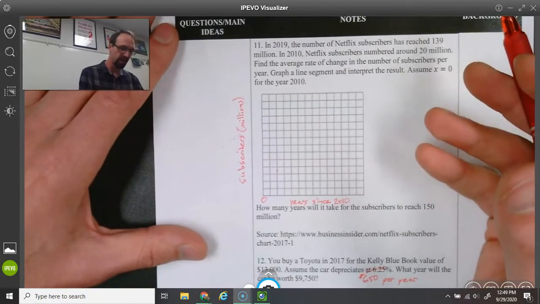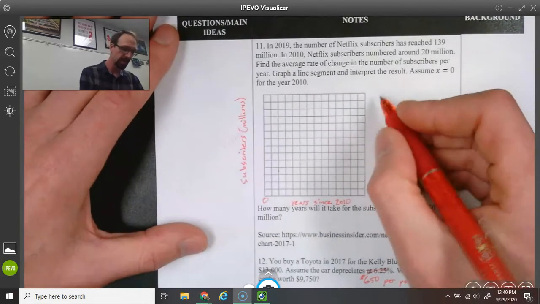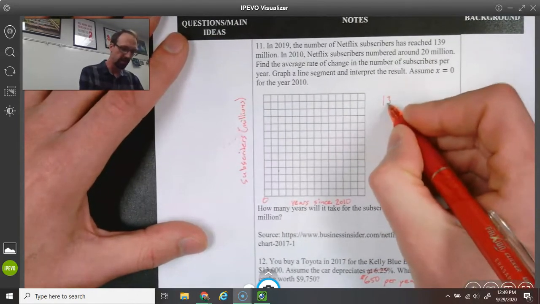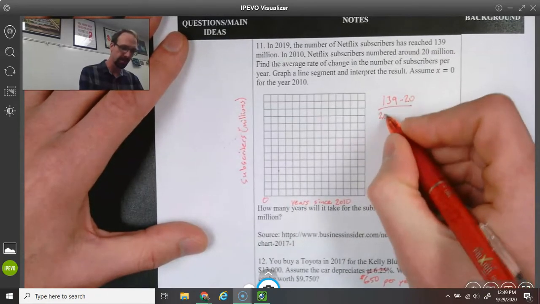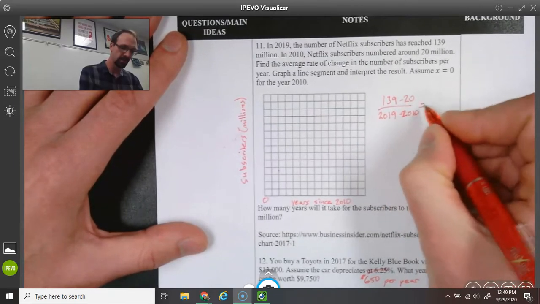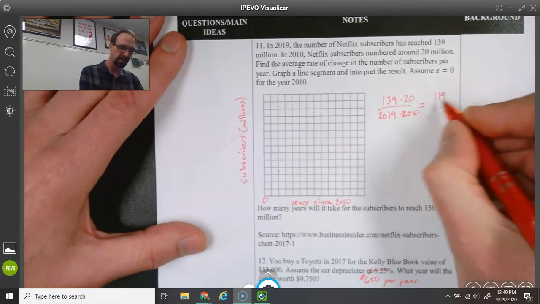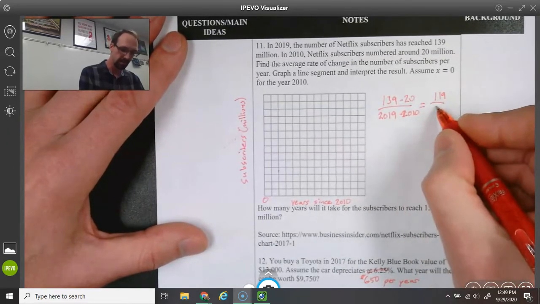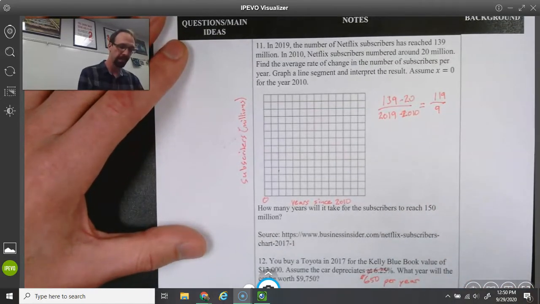So now I can think about my slope. It's my change in subscribers per year. I'm going to subtract 139 minus 20 over the difference in the years, so 2019 minus 2010. 139 minus 20 is 119, and this is going to be over 9. Now, it wants to know the average rate of change per year.